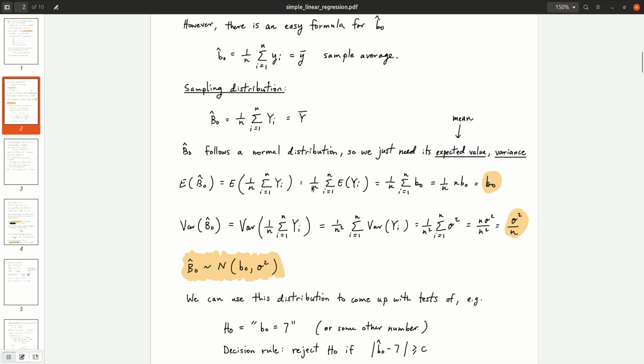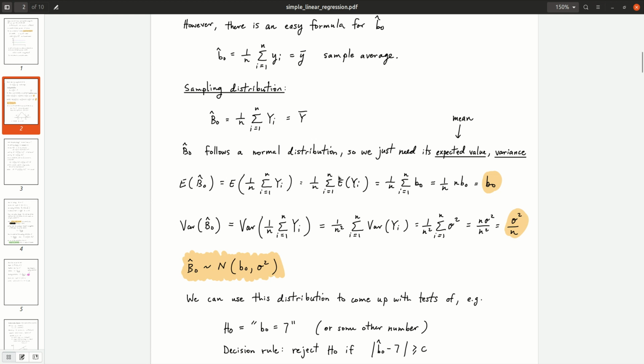So I'm pulling this 1 over n out. And then if you have the expected value of a sum, that's equal to the sum of the expected values. That is the linearity property. So from this expression, we can go to this one. And then if we look at the expected value of each individual yi, well, we assumed that these were normal random variables with mean or expected value b0.